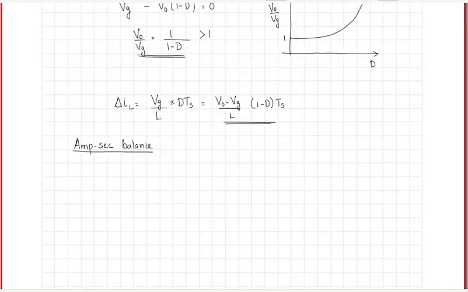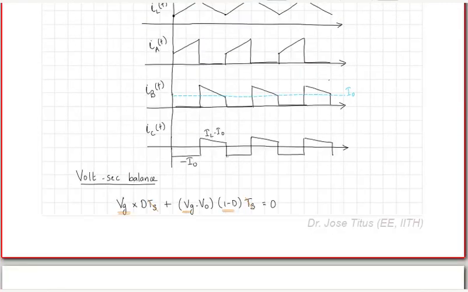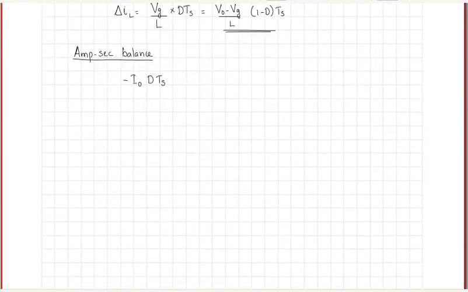So if we now apply the amp second balance, what we then get is minus I0 times dTs, and then we have plus (IL minus I0) times (1 minus d)Ts.